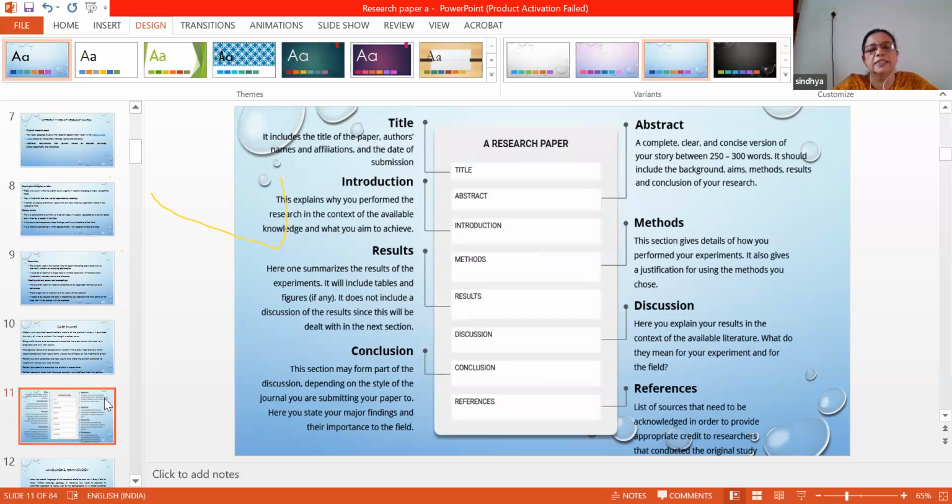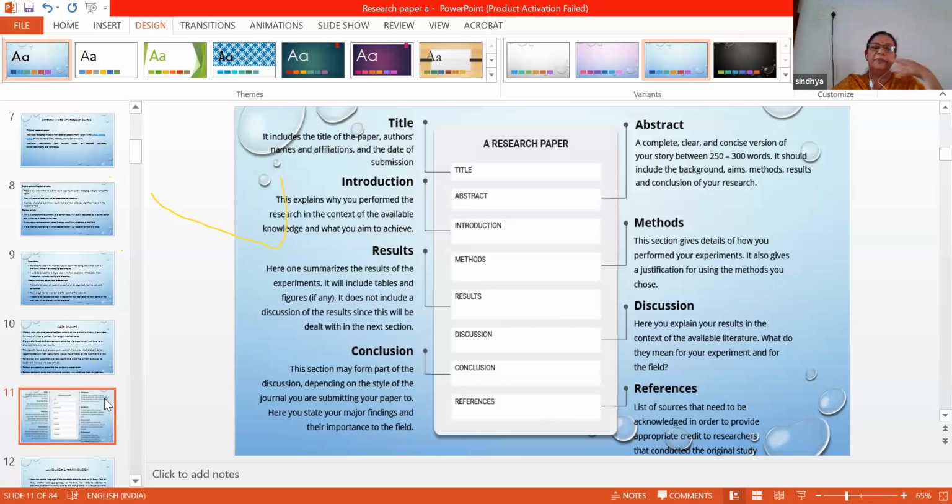Then basically this is the structure of a research paper I already mentioned, and most of the journals demand this structure. There must be a title. The title page itself indicates the author's name, affiliation, and the date on which we have to submit.